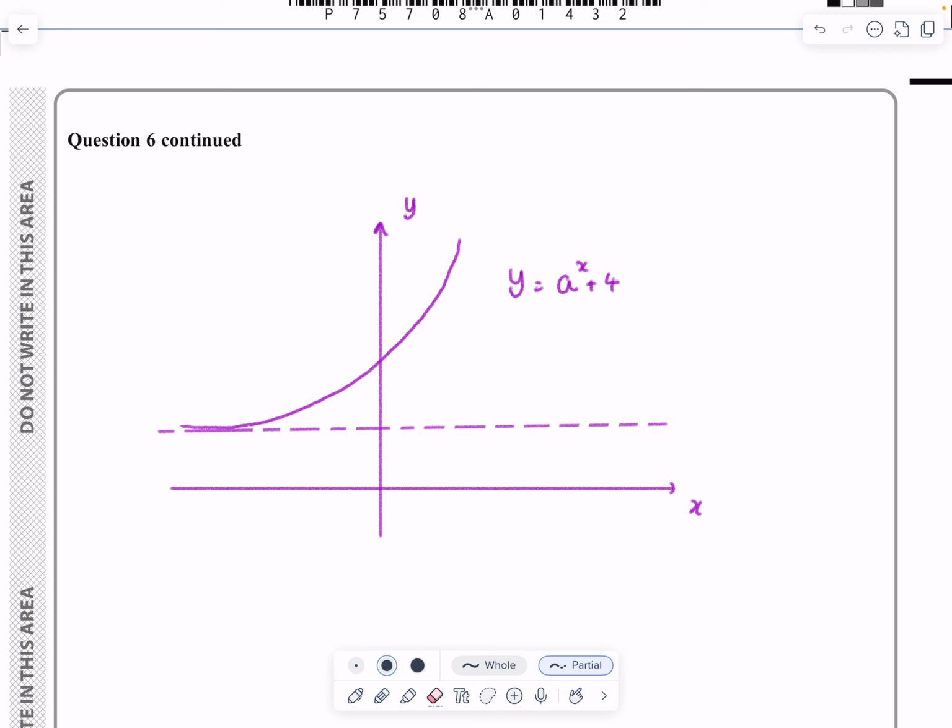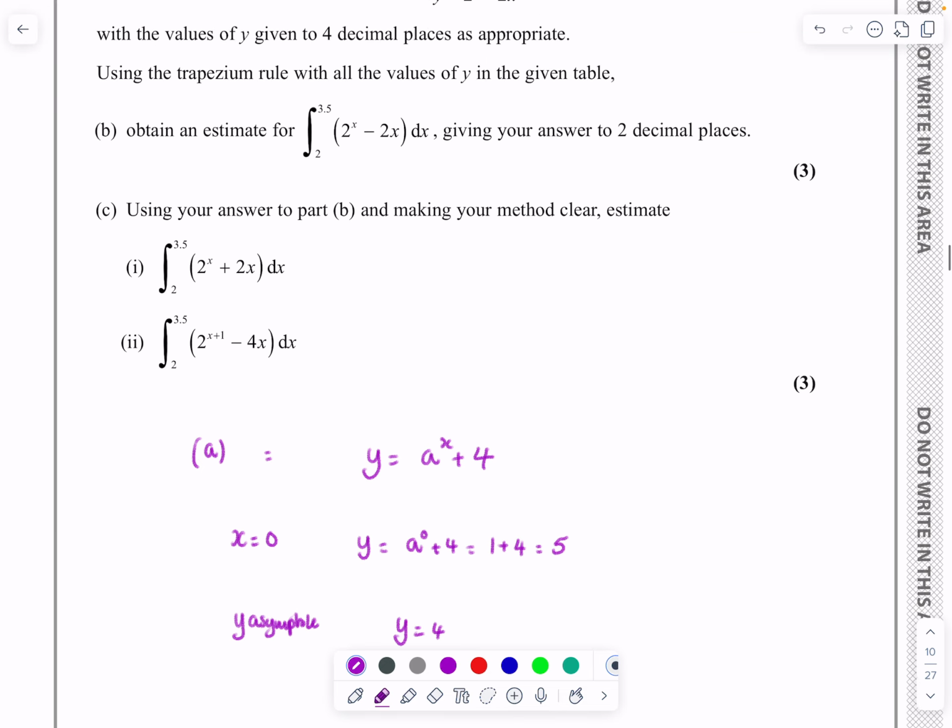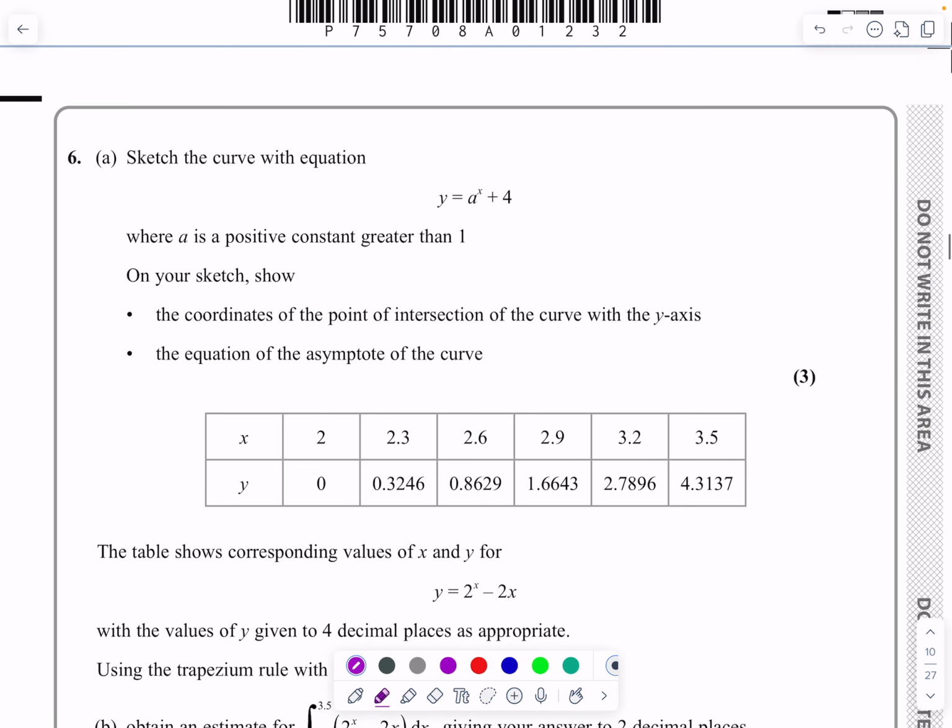That asymptote, as we say, that's going to be at y equals 4. And this point here that we calculated, we could have said that it was 1, 0, and then added on 4, or the work that I've just done. But either way, this is the value 5 there. Let's just go back and check, I didn't spend too much time on it, that we've got both of those two pieces of information given on my sketch.